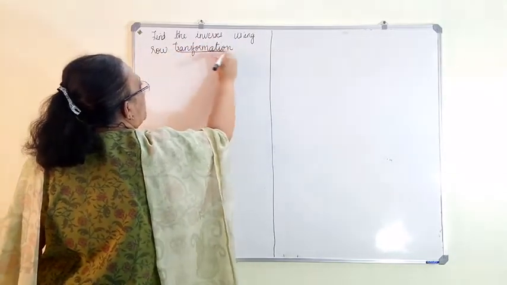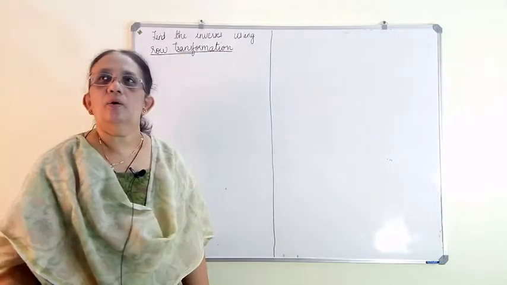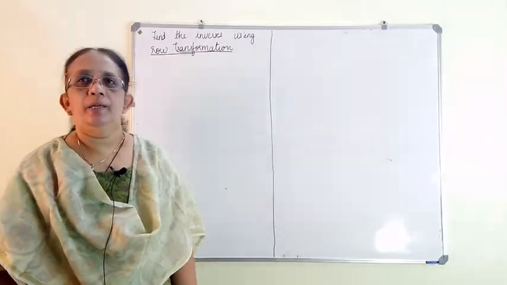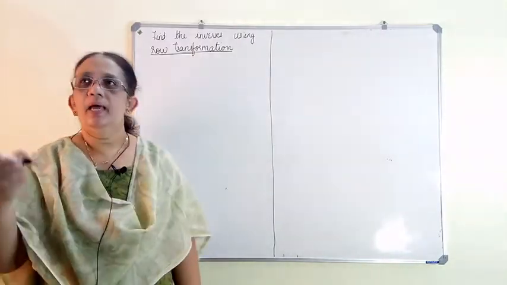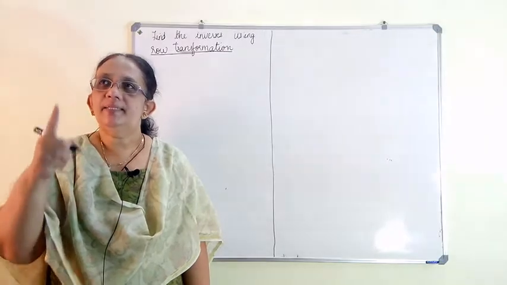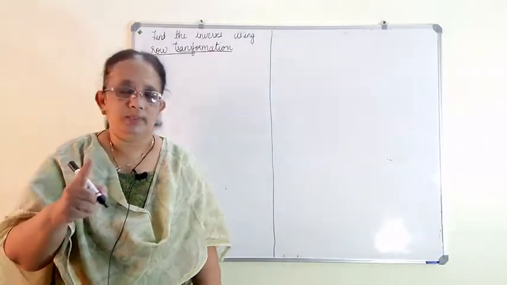Transformation means change. Row transformation means change in row. So you have to find the inverse using row transformation. Transformation means change, and where have you to make the change? You have to make the change for rows.